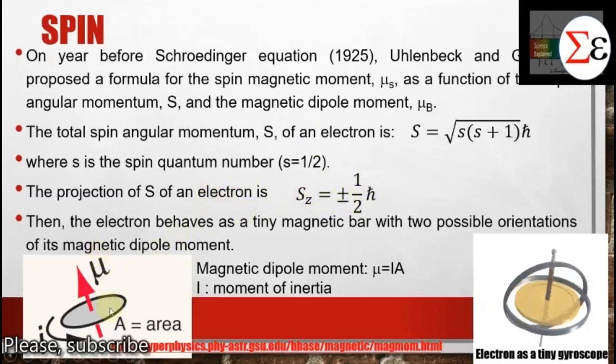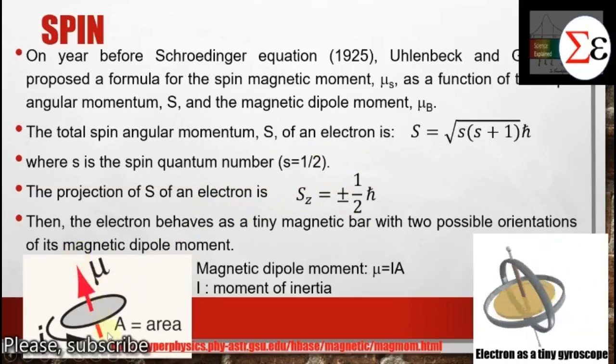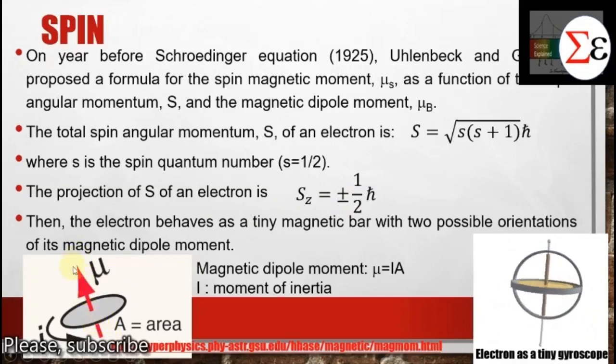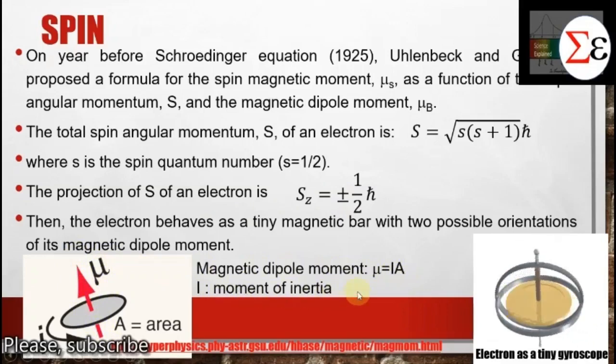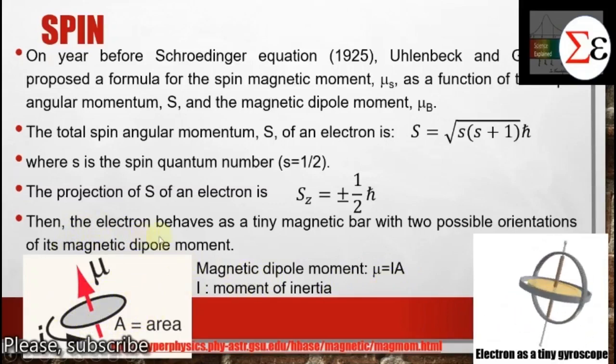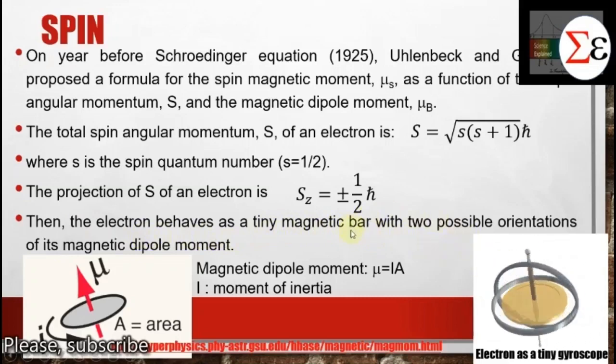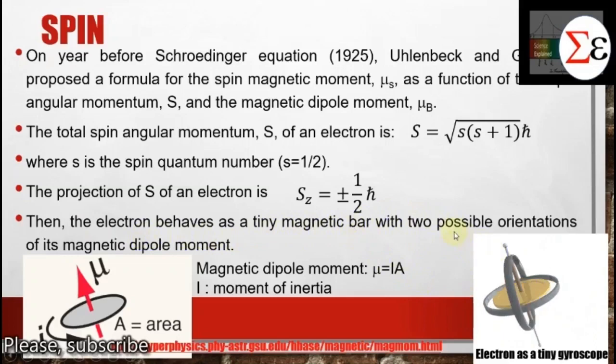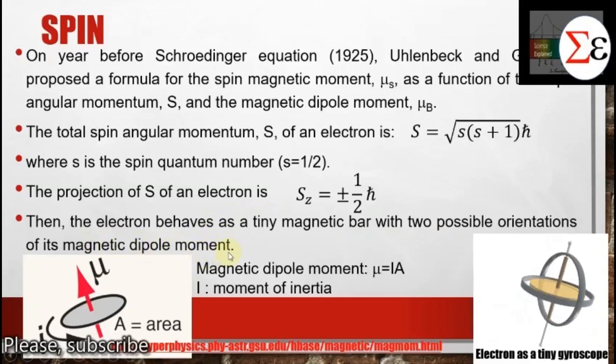And here we see the pictorial representation of the magnetic dipole moment, where the magnetic dipole moment mu is a function of the moment of inertia and the area. A similar result is applied to the magnetic dipole moment of the spin. Then the electron behaves as a tiny magnetic bar or a tiny gyroscope, with 2 possible orientations of its magnetic dipole moment.